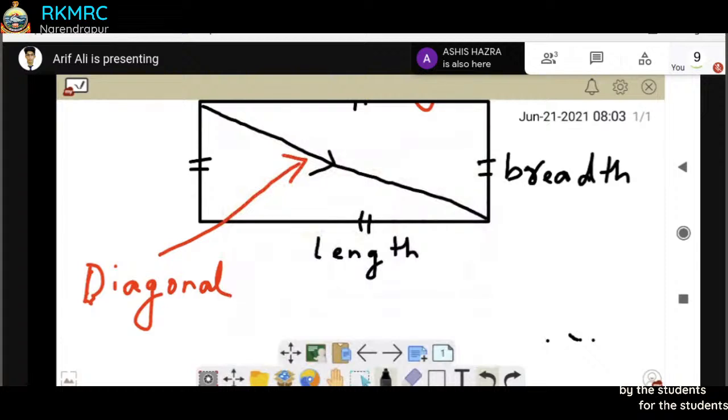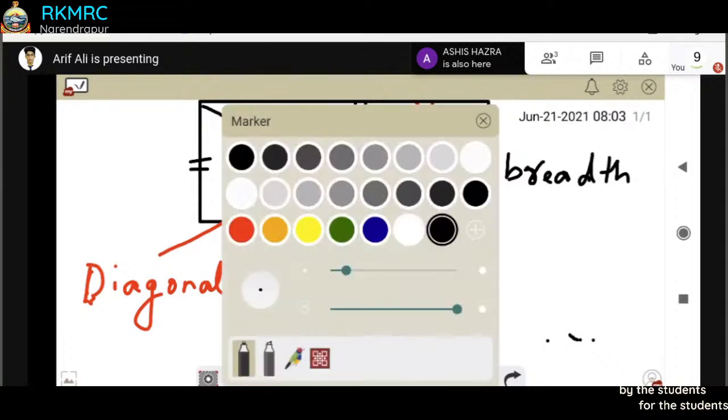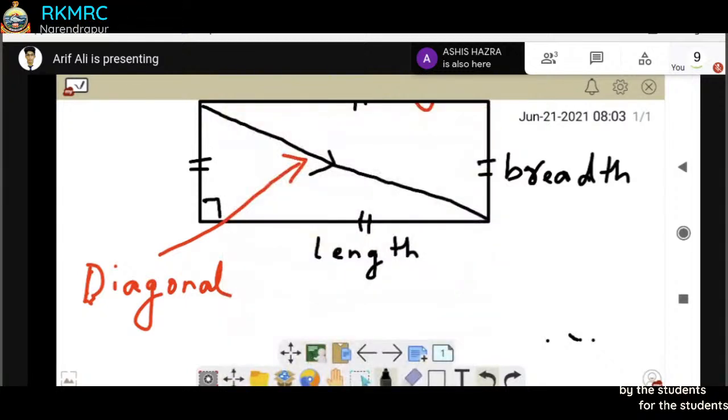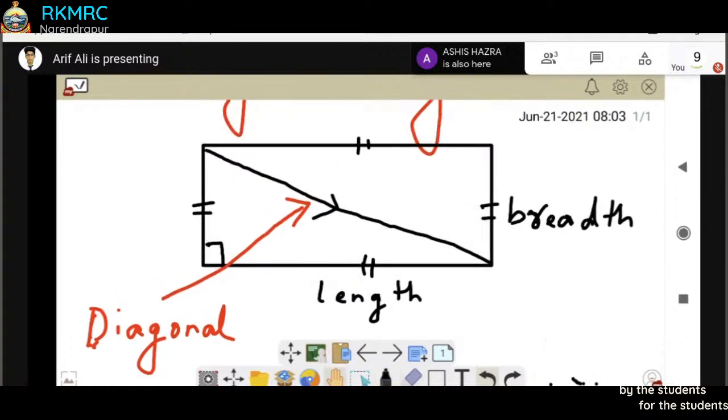And also, if you see, let us name it as A, B, C, and D. This is 90 degrees. So if we draw separately A, D, C, we are drawing it separately, this one.